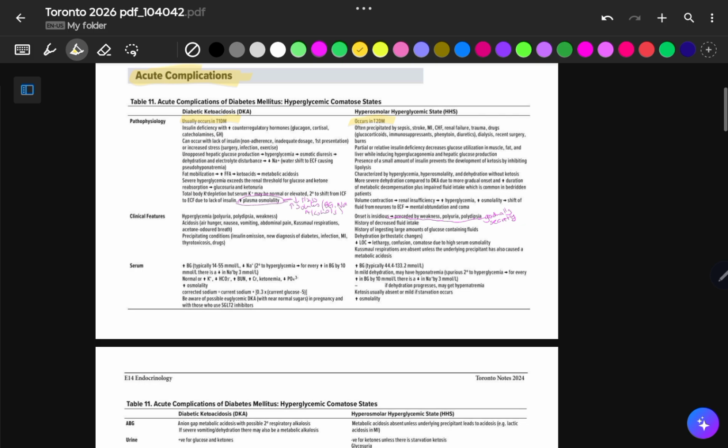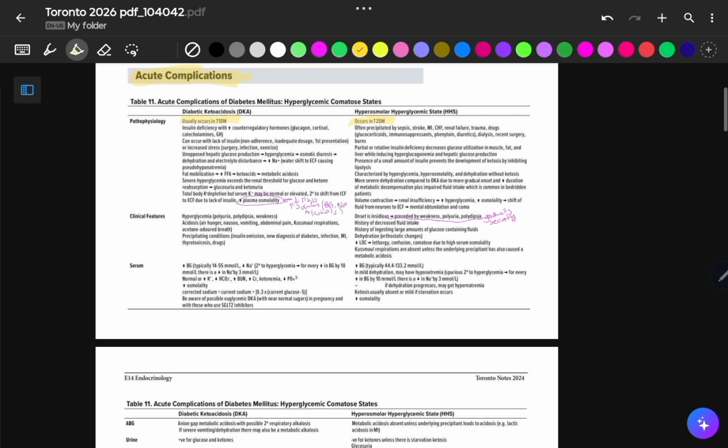So there's a deficiency or an absence of insulin. Glucose is high in the blood, just to recap, but low in the cells. So the cells are starving. So the body will try to compensate to produce glucose for the cells. Now this leads to an increase in your counter-regulatory hormones: your glucagon, your cortisol, your catecholamines, your growth hormone. Because of these high hormones, you end up having breakdown of fat so that you can have more glucose.